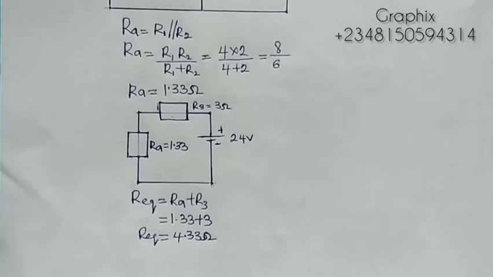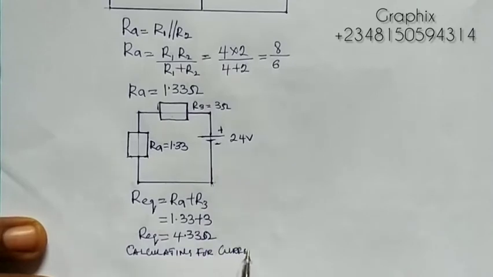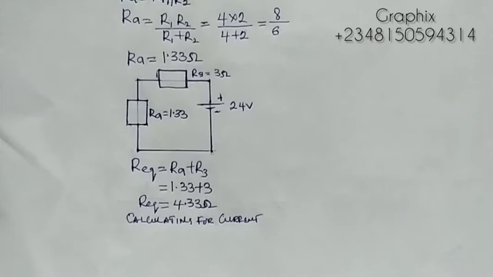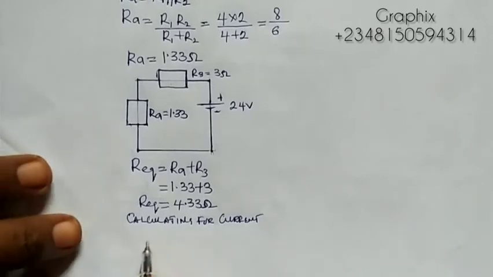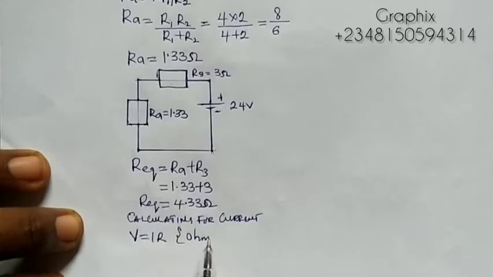Now from here, we'll recall calculating for current. We know very well that V is equals to IR. That is Ohm's law.